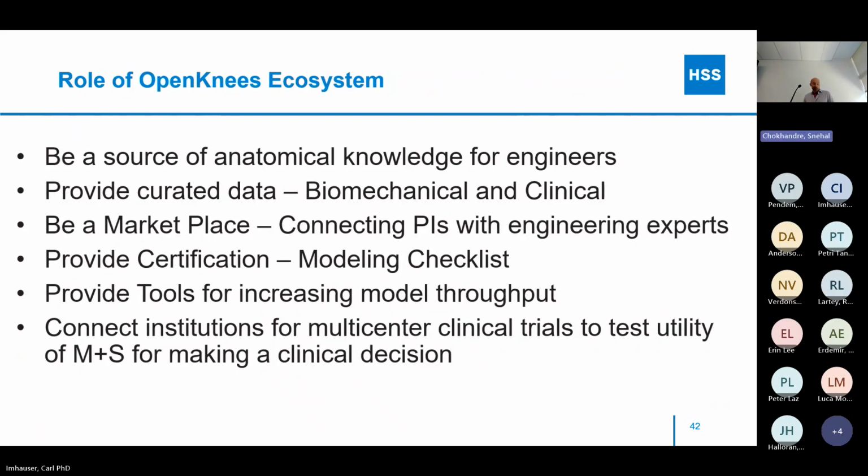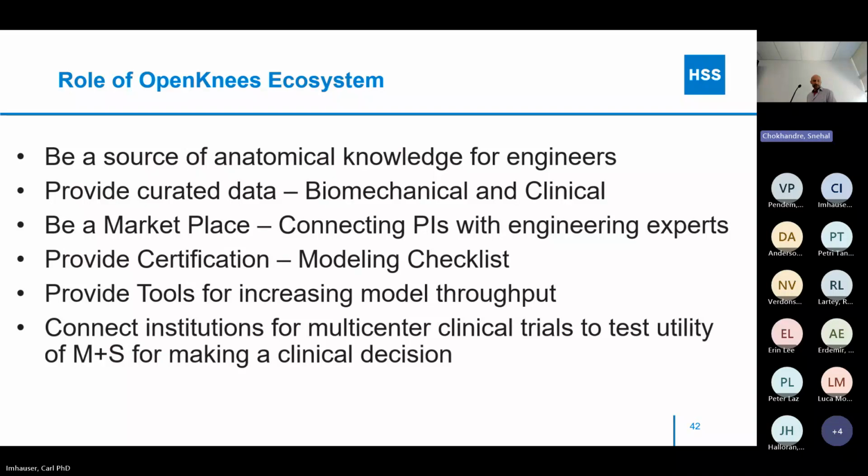So in terms of the role of open knees as an ecosystem, I just provided some topics for potential discussion later. One, we could be a source of this anatomical knowledge for engineers. You can imagine, as a grad student in a mechanical engineering department, your advisor says, go build a knee model. You have thousands of anatomical publications to look through, even just describing the knee.